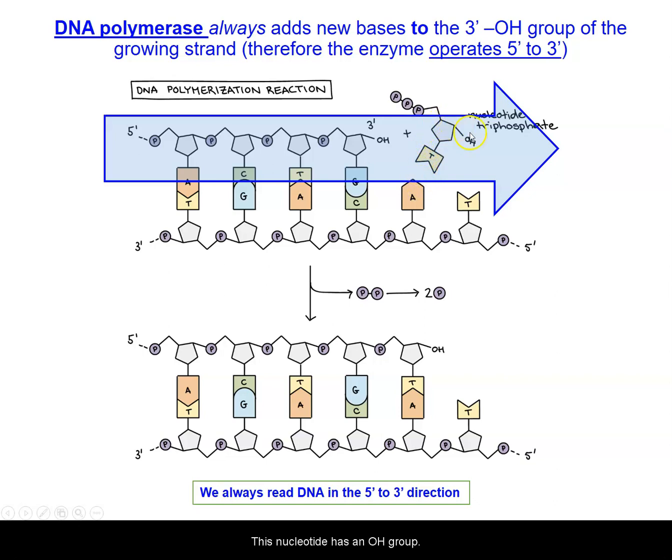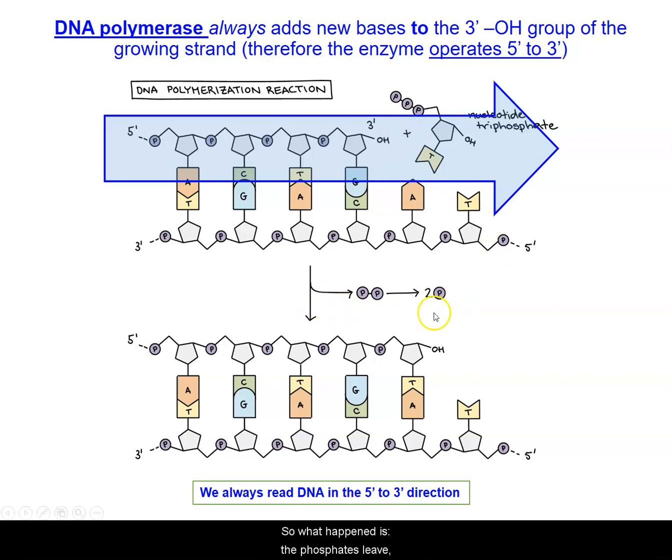This nucleotide has an OH group on the 3' carbon and a 5' carbon with a phosphate group. A 3' end exposed here is going to bond with this 5' phosphate group. And what happens is you have too many phosphate molecules. So the phosphates disappear, and also you lose water because you're building a larger molecule in a dehydration synthesis reaction.